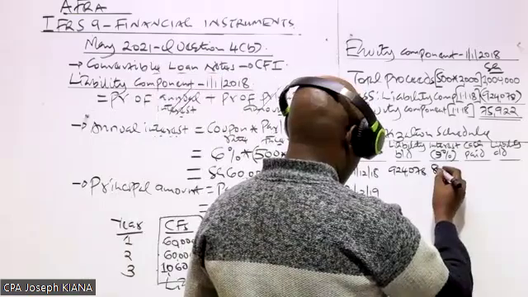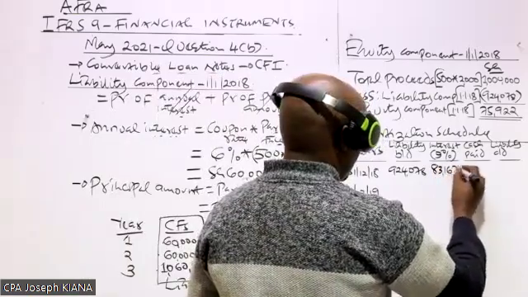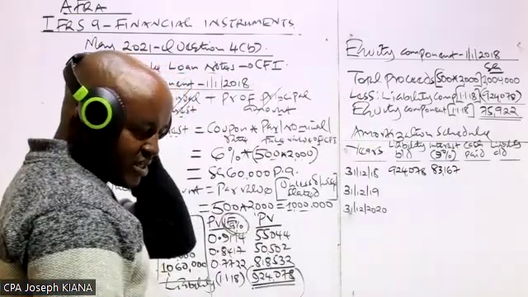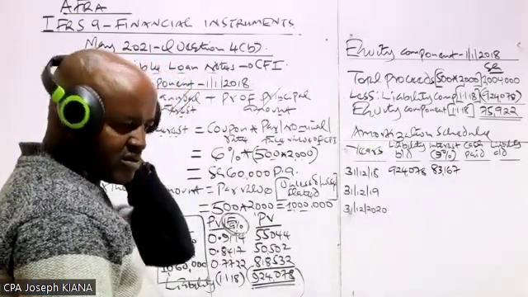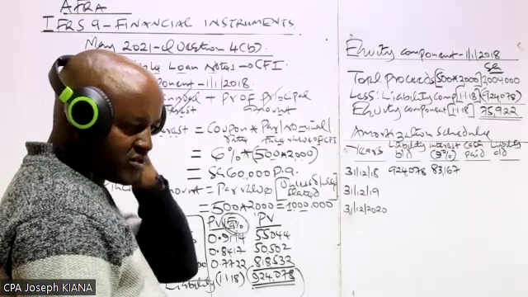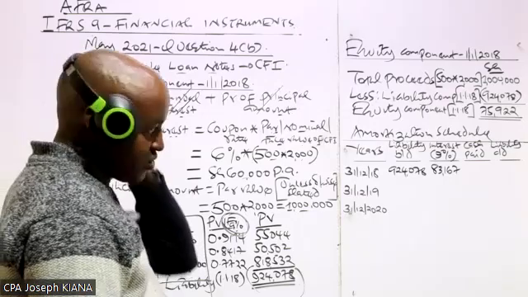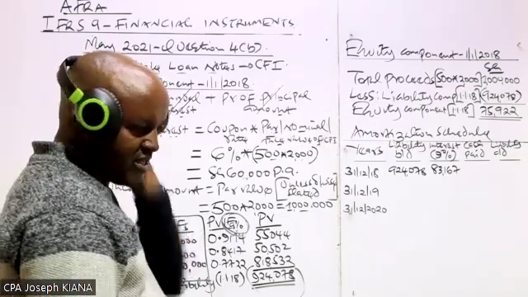So confirm whether you're getting this figure here, 83,167. Is that what you're getting as your interest? Ken, Patricia, Rogers, you need to talk to me. That's what you're getting? Yes.